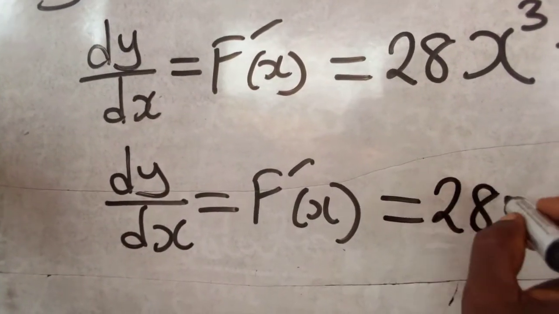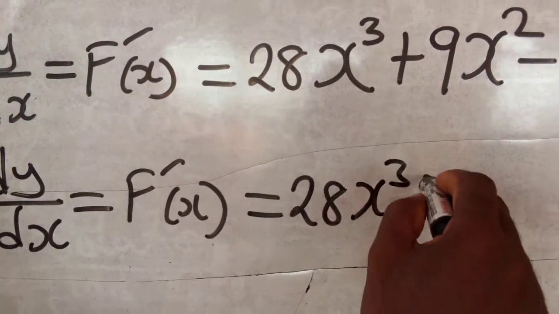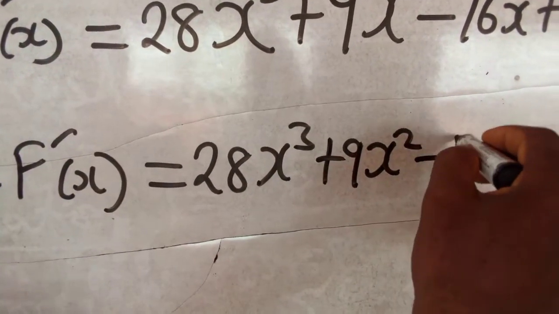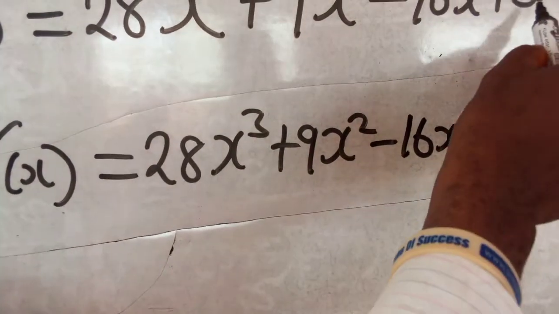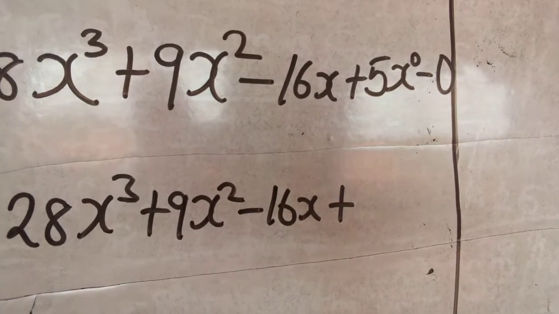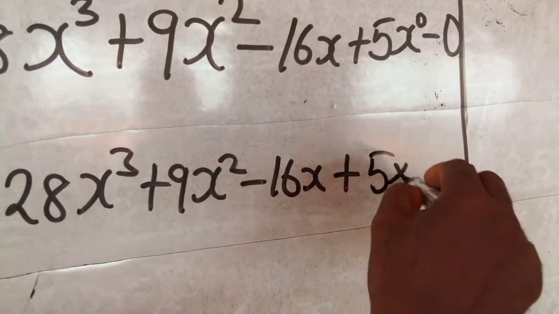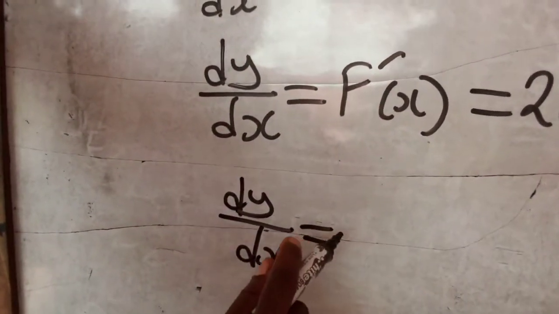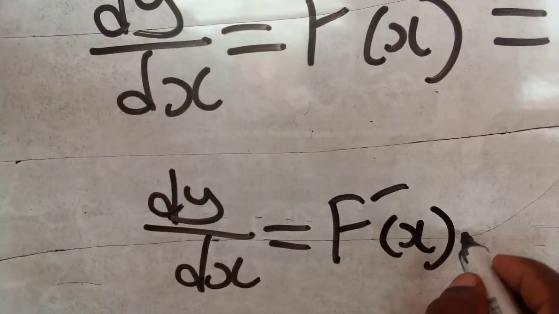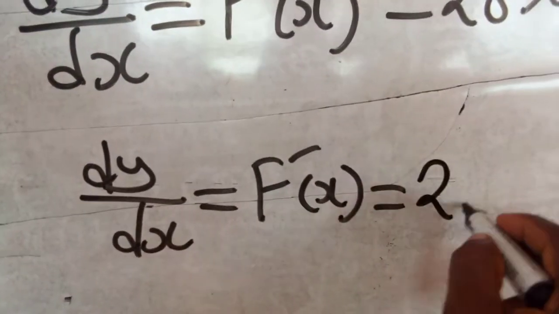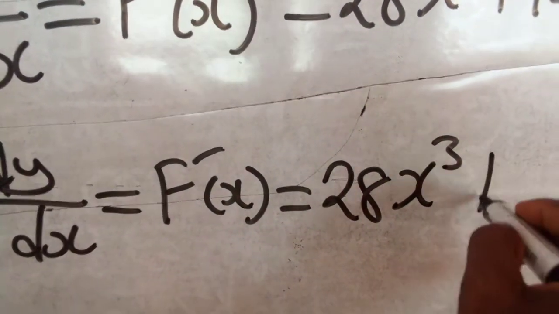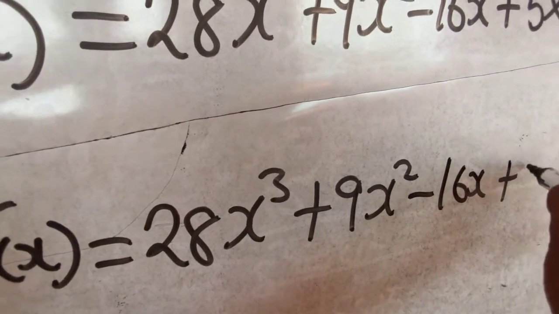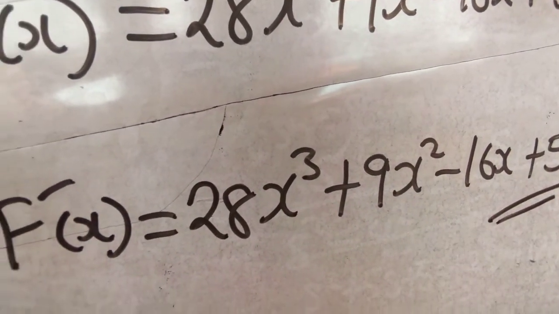The answer will be 28s raised to power 3 plus 9s raised to power 2 minus 16s, then plus anything raised to power 0 is 1, so you now have 5 times 1. So dy over ds, which is f prime of s, will give you 28s raised to power 3 plus 9s raised to power 2 minus 16s plus 5.